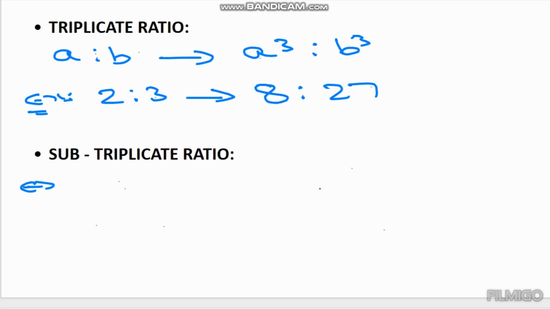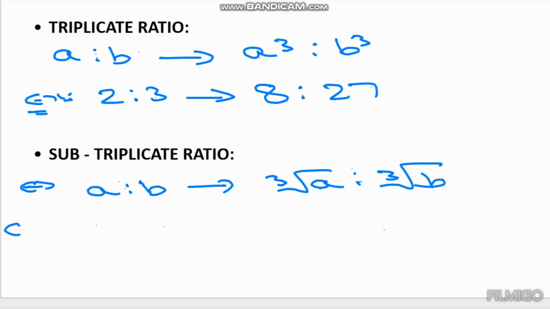The subtriplicate ratio of A is to B can be written as cube root of A is to cube root of B. Example for the subtriplicate ratio is 343 is to 64, which can be written as 7 is to 4. This is the subtriplicate ratio of A is to B.